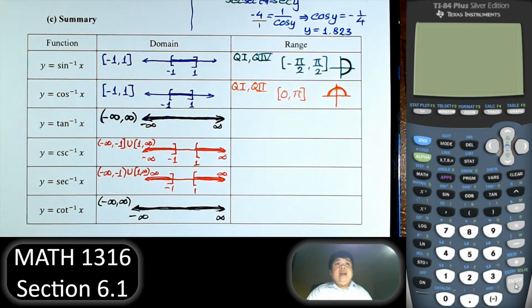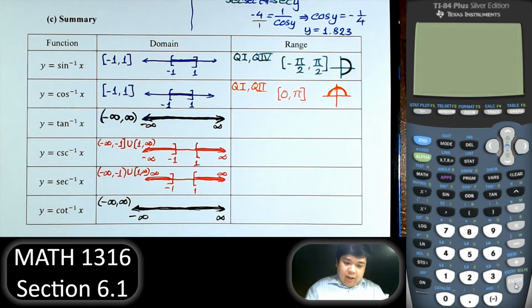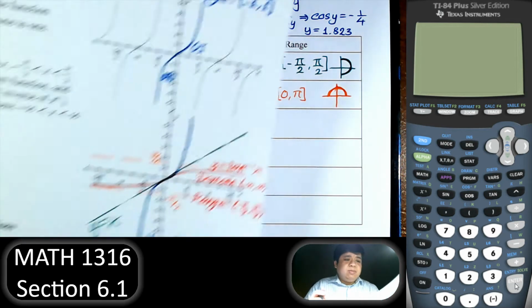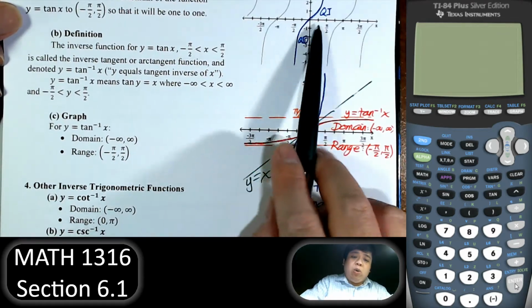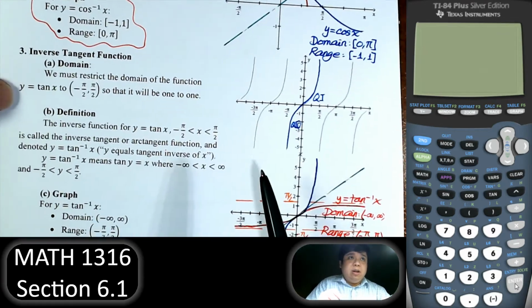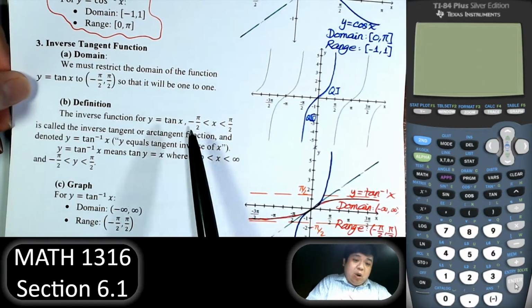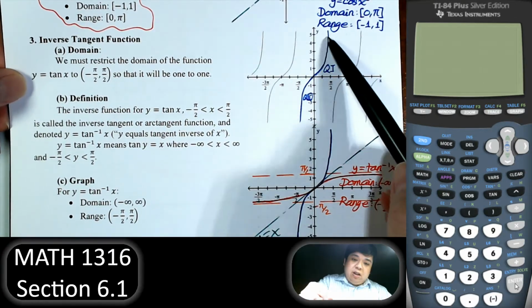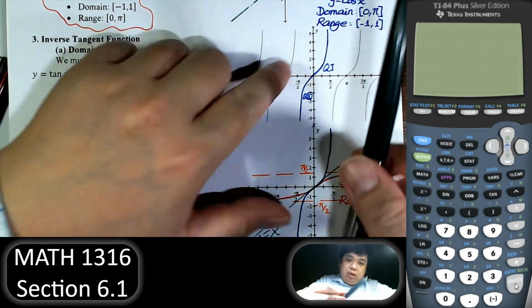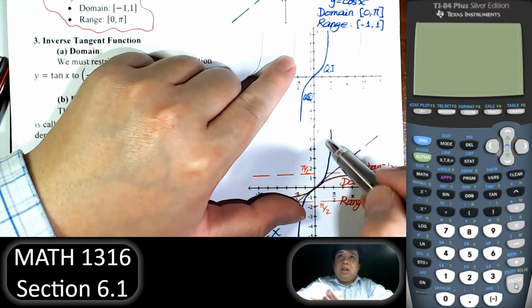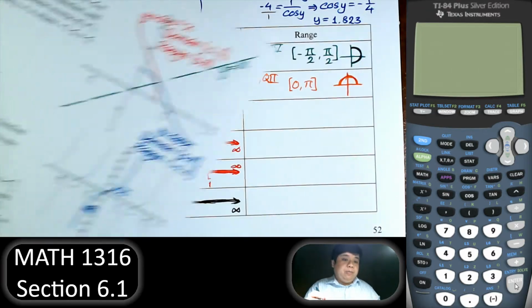Right. Now the tangent. The tangent inverse. If we look at that, it's also in quadrant 1 and quadrant 4, with -pi/2 to pi/2, but the difference is no equal sign, because there are actually asymptotes here, so it cannot be equal to.